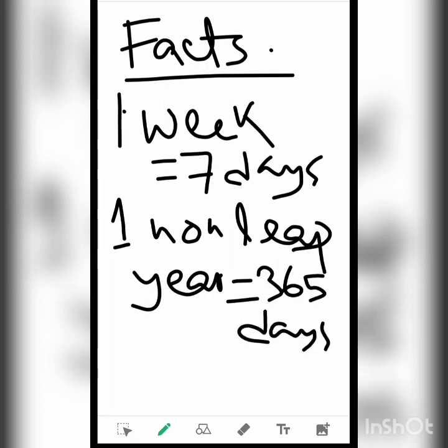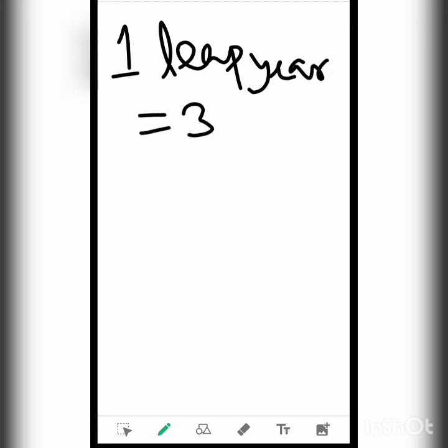Similarly, 1 leap year is equal to 366 days.